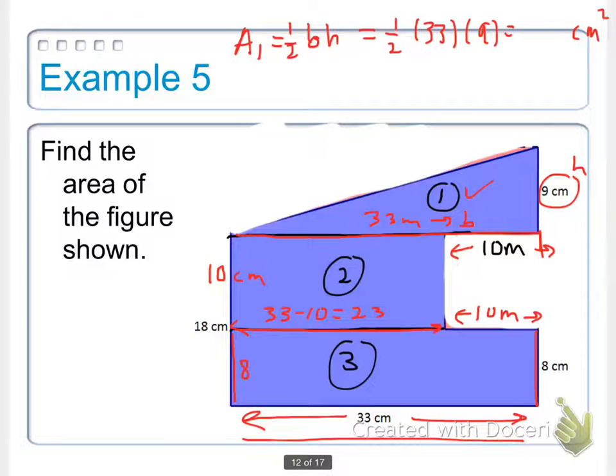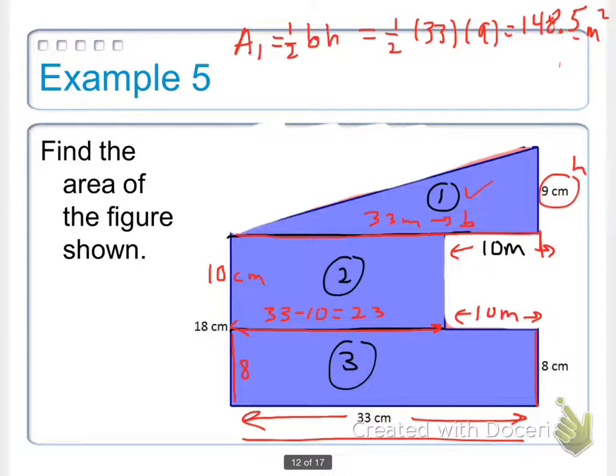So I'm going to type that on the calculator. 0.5 is half times 33 times 9, and I get 148.5.